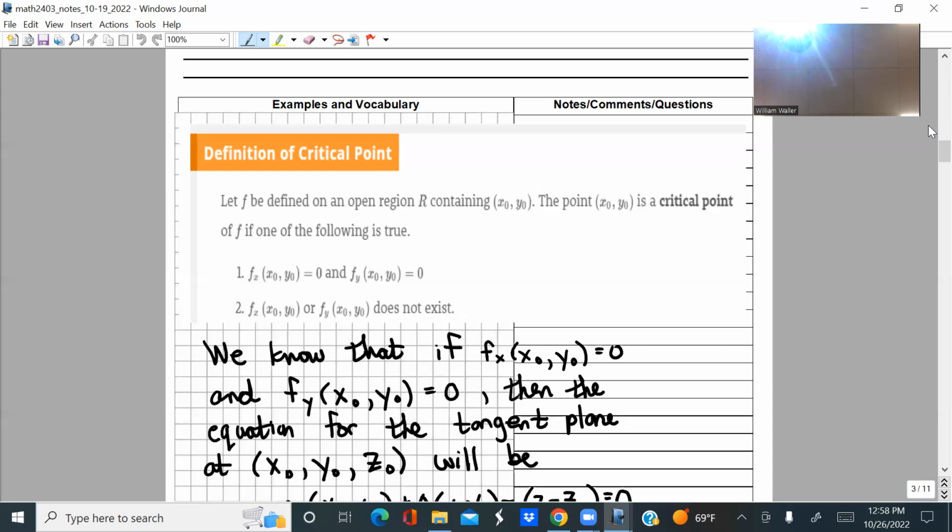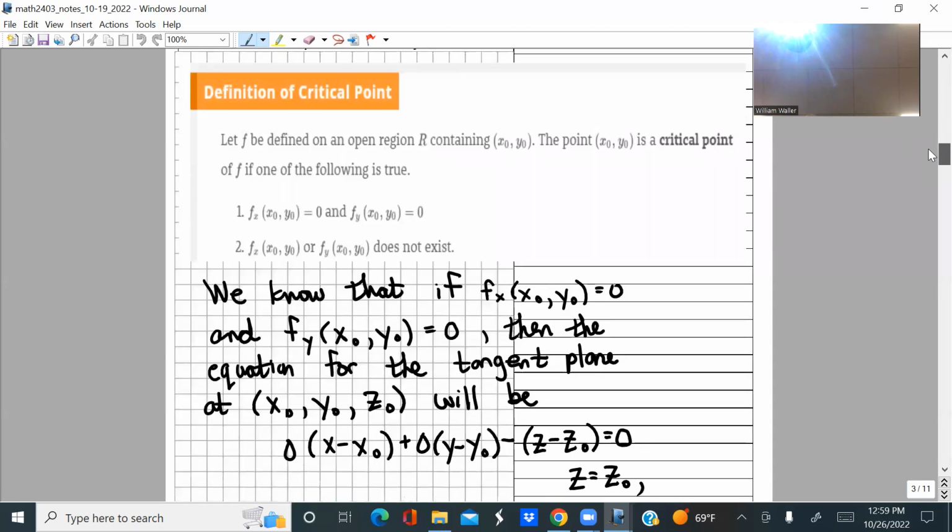You take the partial derivative with respect to y and multiply that by y minus y0. Then z minus z0 is always the third term. If those partial derivatives are both zero, think about what your tangent plane is going to look like.